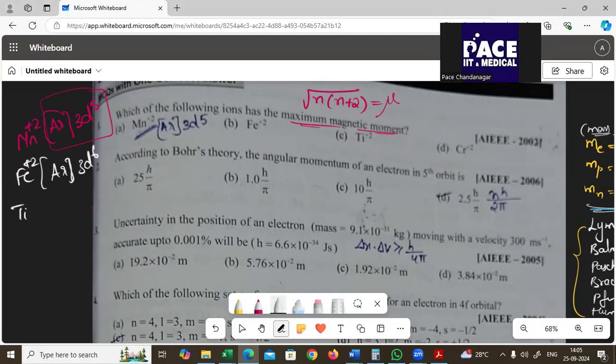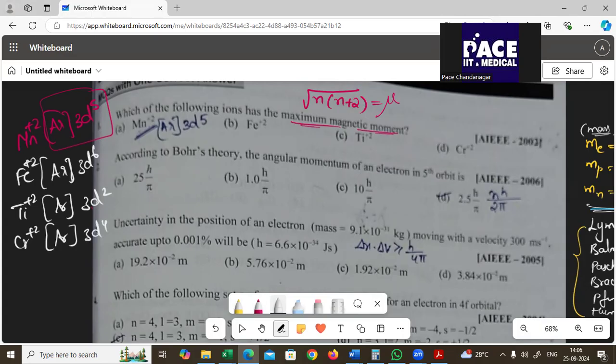Then titanium plus 2 is argon, 2 went off, and then 3d2. And then chromium plus 2 is argon, 2 went off, and then 3d4.